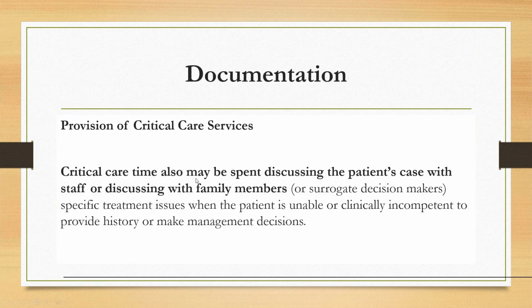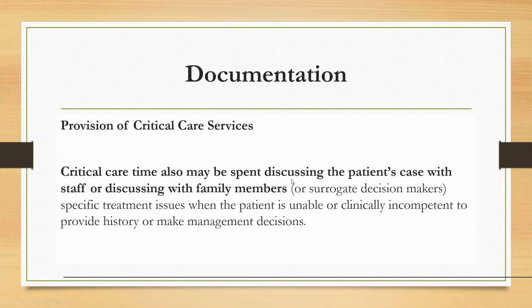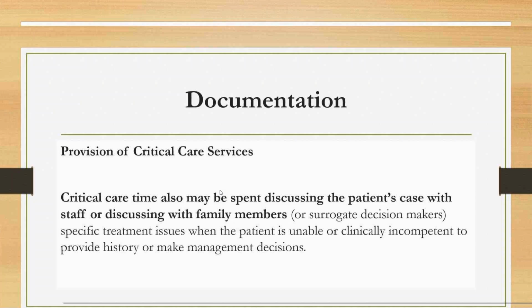Now, critical care time also may be spent discussing the patient's case with staff or discussing with family members. Oftentimes patients are not capable of making their own decisions. So when we're looking at our time statement here, time spent discussing the patient's case with the staff or family can count.